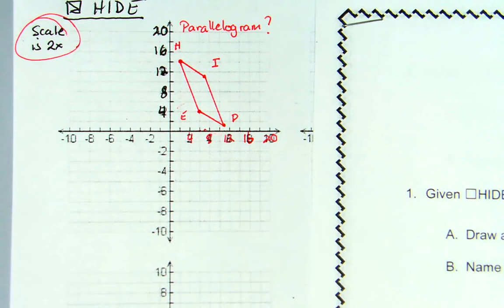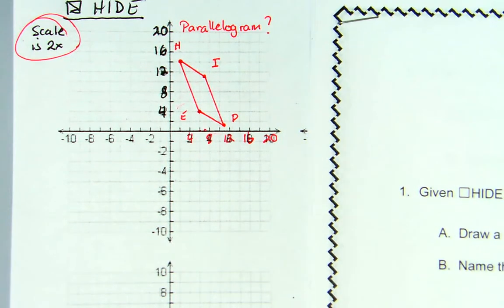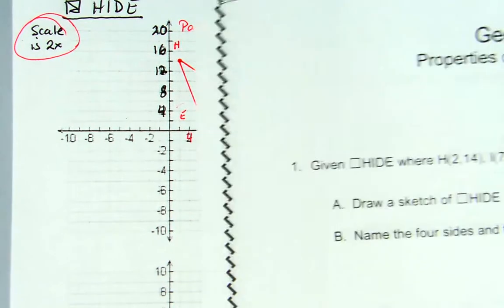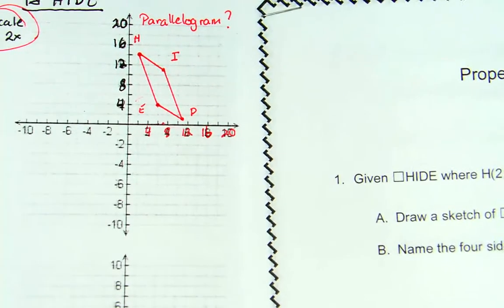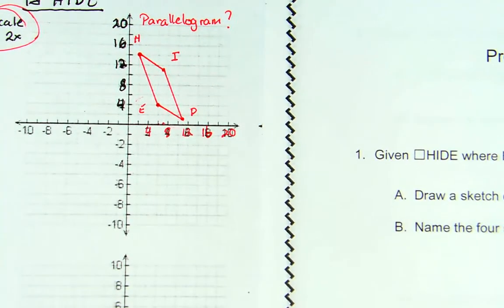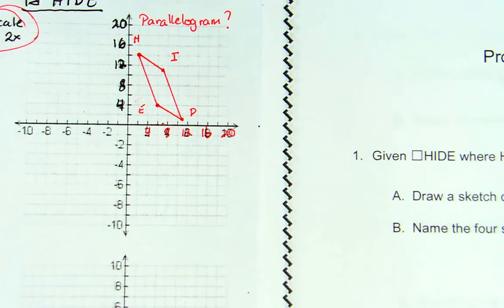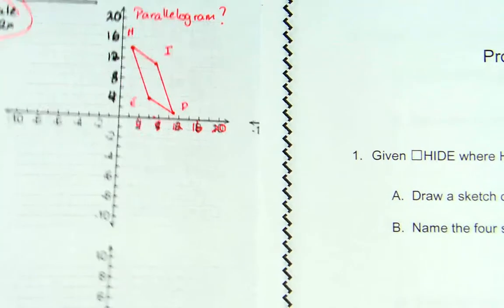Let's find out. That's the thing, it looks like a parallelogram. Let's find out. So, we drew the picture, okay? Can I move over to doing the math now? This goes a lot faster when you're doing it by yourself, trust me. It does.